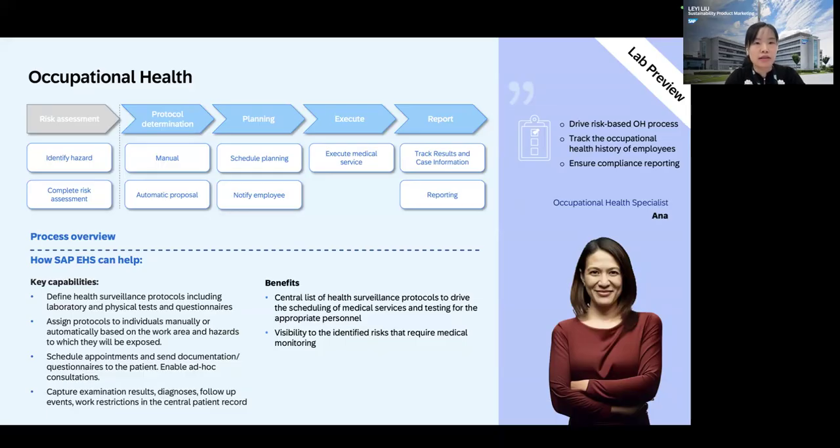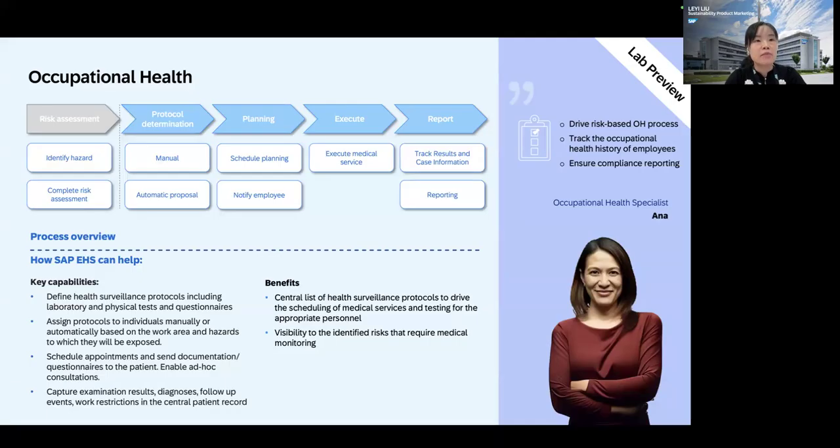Imagine a scenario in our production facility, for example, where certain workers are regularly exposed to noise above safe levels. The first task is to identify the hazard and complete a risk assessment, of course, to understand its impact. Does it cause hearing loss, stress-related issues, or something else?